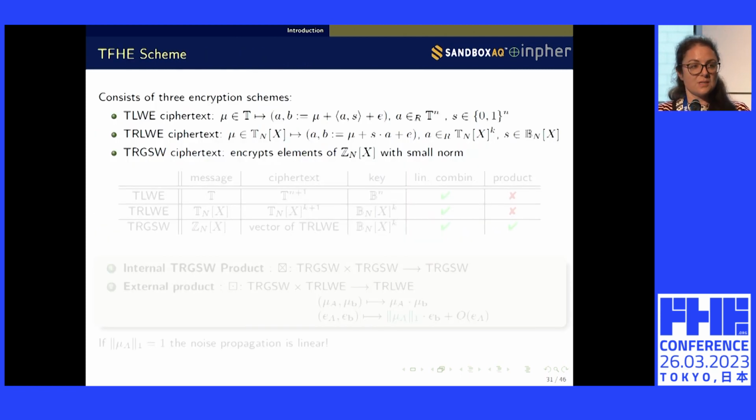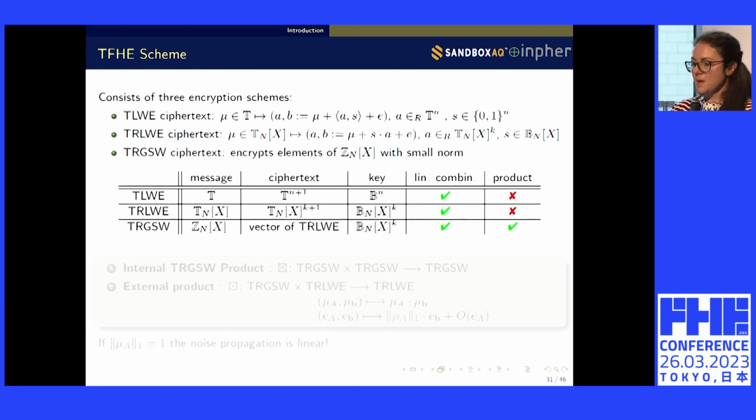In the TFHE scheme, we have three different kinds of ciphertext. The first one is to encrypt an element from the torus. The second one is to encrypt an element from the polynomial, the torus polynomial. And the third one is the TRGSW that encrypts an element from Z[X], so with a small norm. And now if we work with all these kinds of ciphertext, we can perform the linear combination.